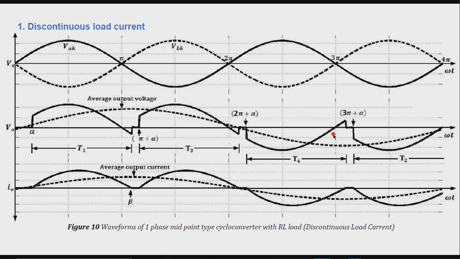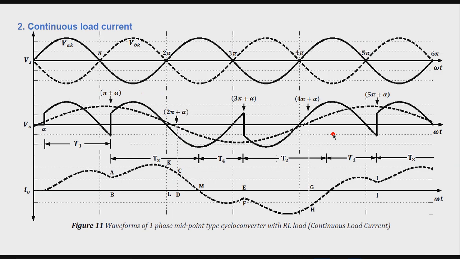This is the working for discontinuous load current, and now we have to discuss continuous load current, where the current is continuous in nature. When A is positive with respect to B from 0 to pi, T1 is triggered at omega t equal to alpha.